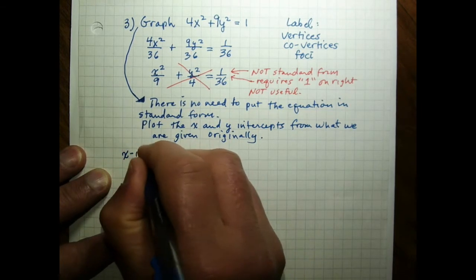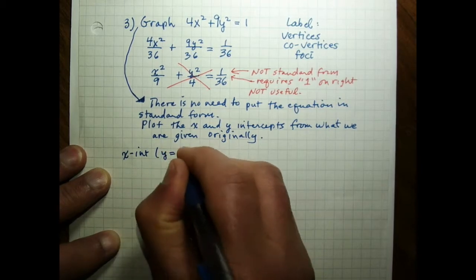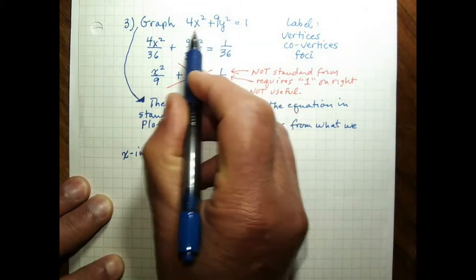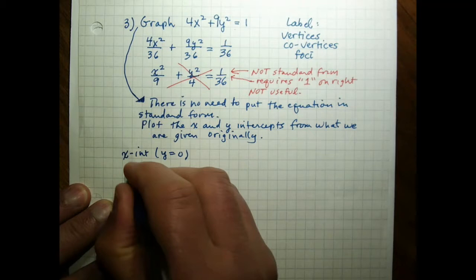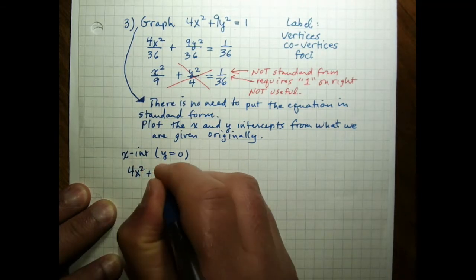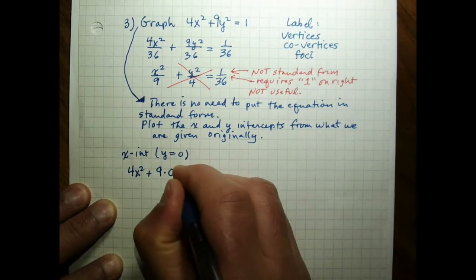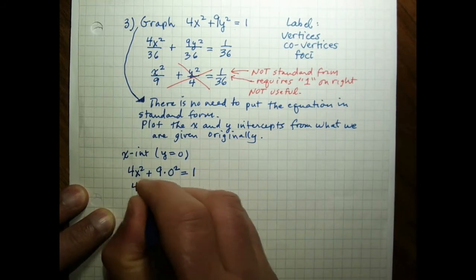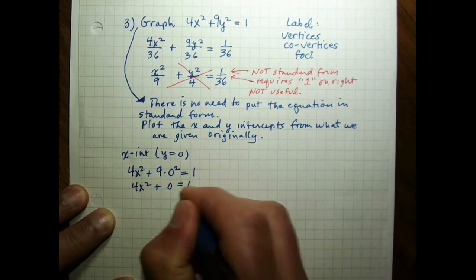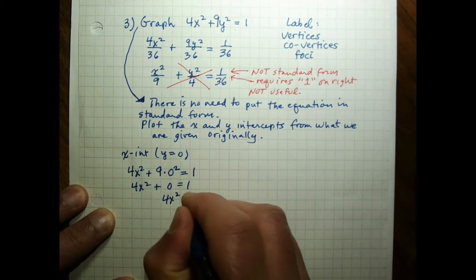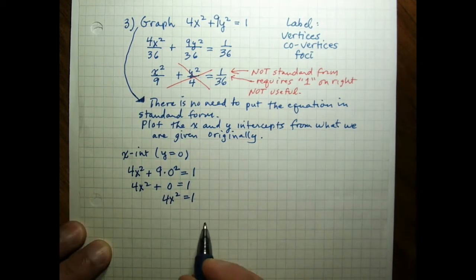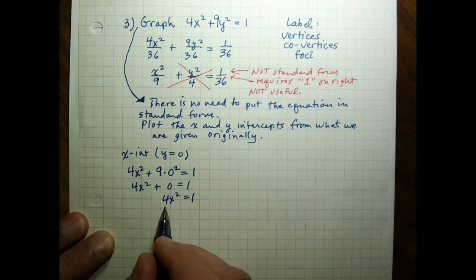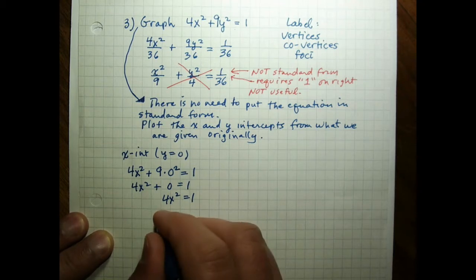So for our x-intercepts, set y equal to 0. I'm going to take this original equation, 4x squared plus 9 times 0 squared equals 1. So I have 4x squared plus 0 equals 1, so 4x squared equals 1. Before I take square roots, I want to isolate that x squared, so I divide both sides by 4.